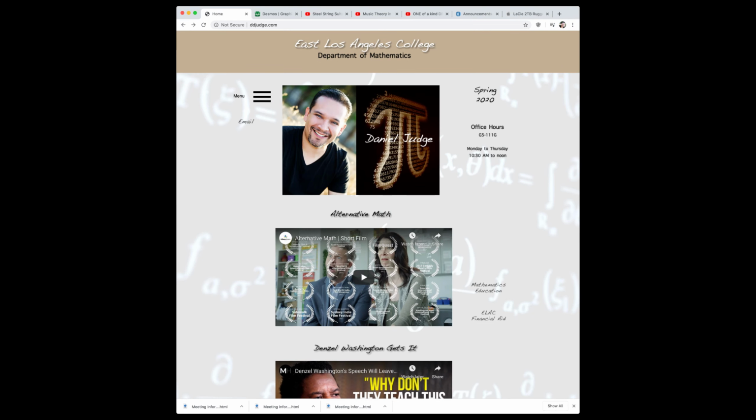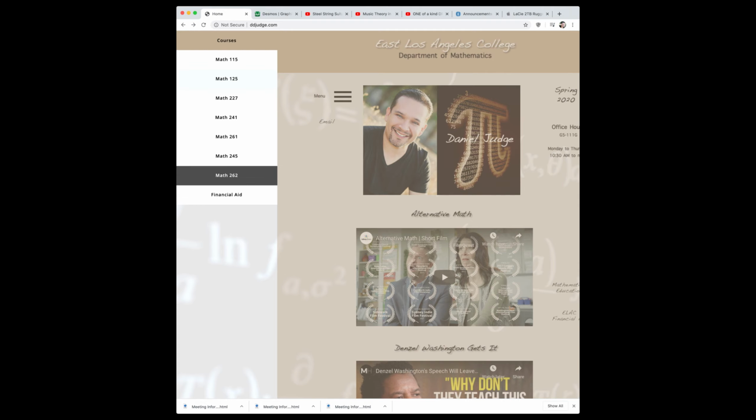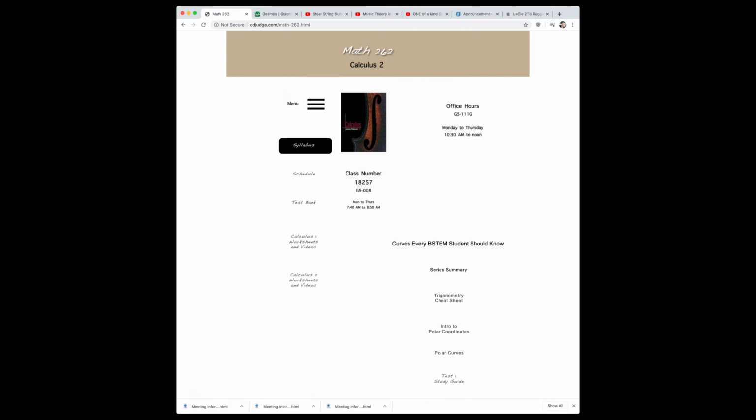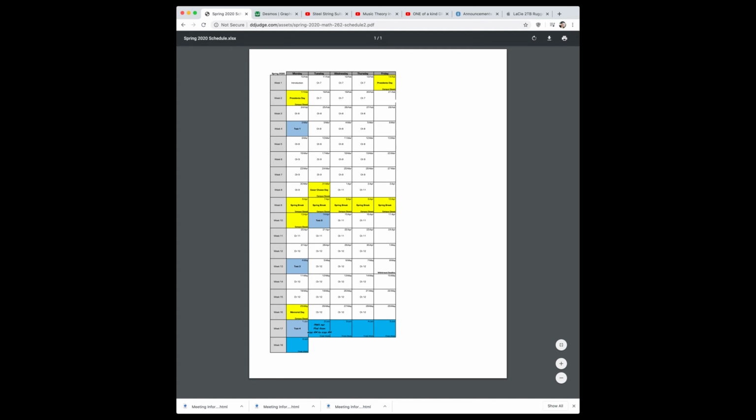But let's go back and look at our browser, and go to our class 262. We have our schedule. To remind people, we have task 3 coming up Monday, April 4th. We're going to have that test. Make sure you're up and running with your scanning app so that you can scan and upload.